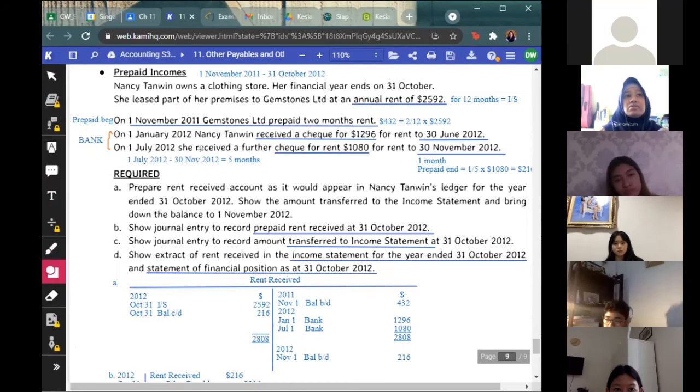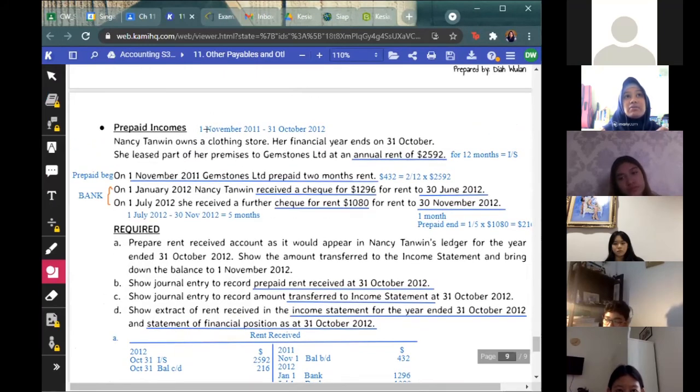On 1 July 2012, she received a further check for rent, 1080, for rent up to 30 November 2012. 30 November 2012 is outside our accounting period. So that's it. You don't have any more information, but you can analyze and identify that you have something there.